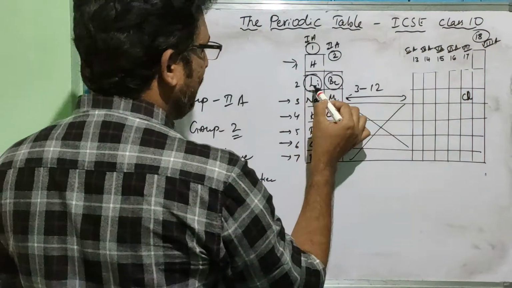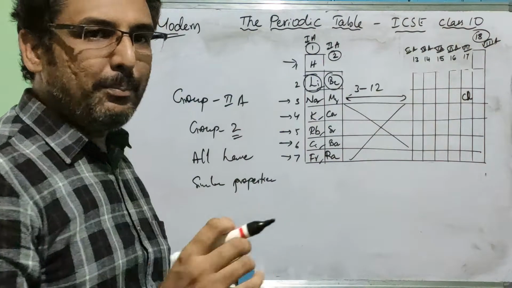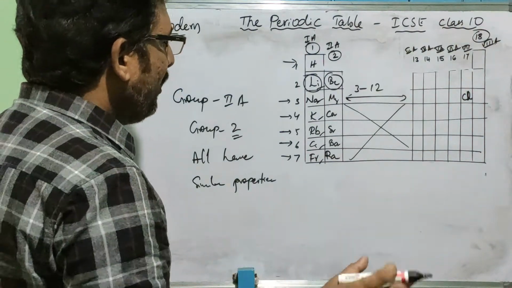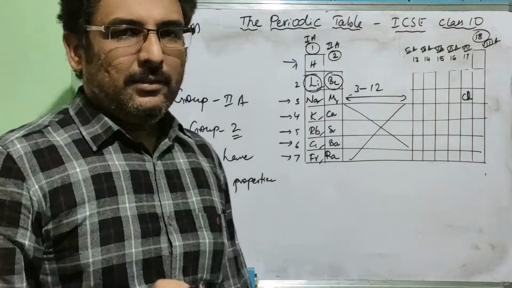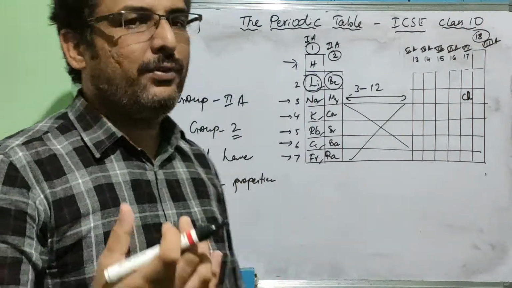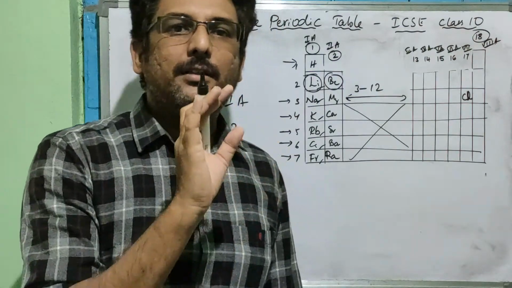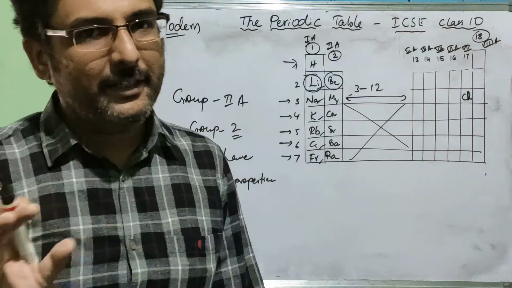So the properties of lithium, sodium, potassium, rubidium, cesium and francium will be similar. In this way the elements are arranged in the periodic table so that it will be easy for us to study the properties of the elements. Group wise you can study and understand.